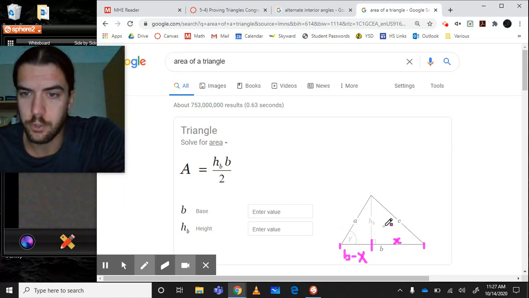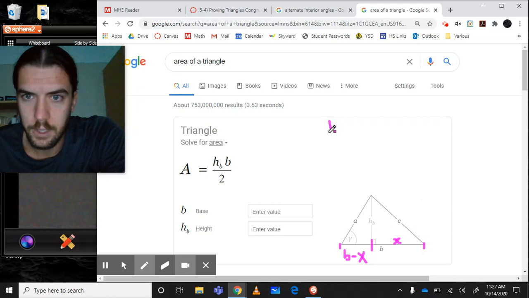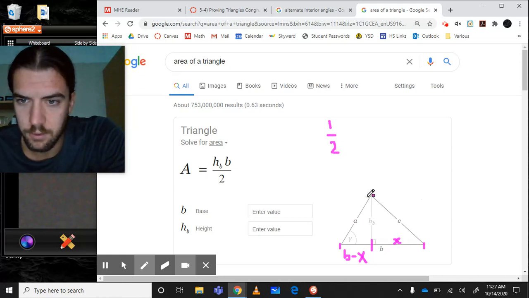Well, the area of the larger triangle should be 1/2 of x. x is our base of this triangle here. So 1/2 x times the height.